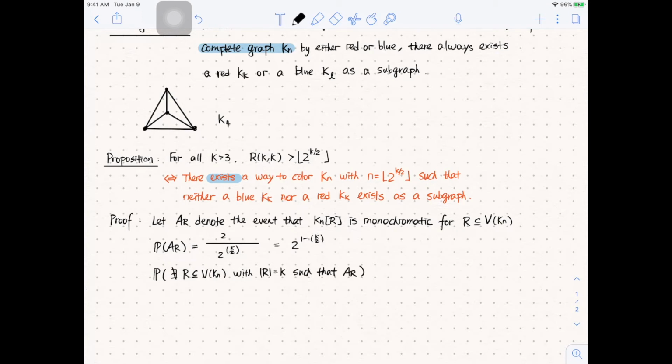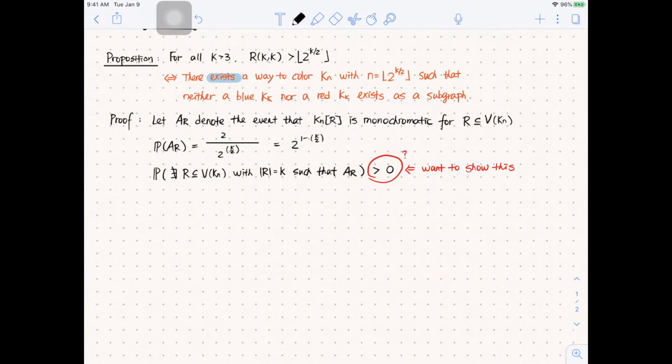If such an R does not exist, then in this graph you don't have a blue K_k nor a red K_k. And your goal is to show that this is strictly greater than 0. We can write this probability as 1 minus the probability of the event's complement.